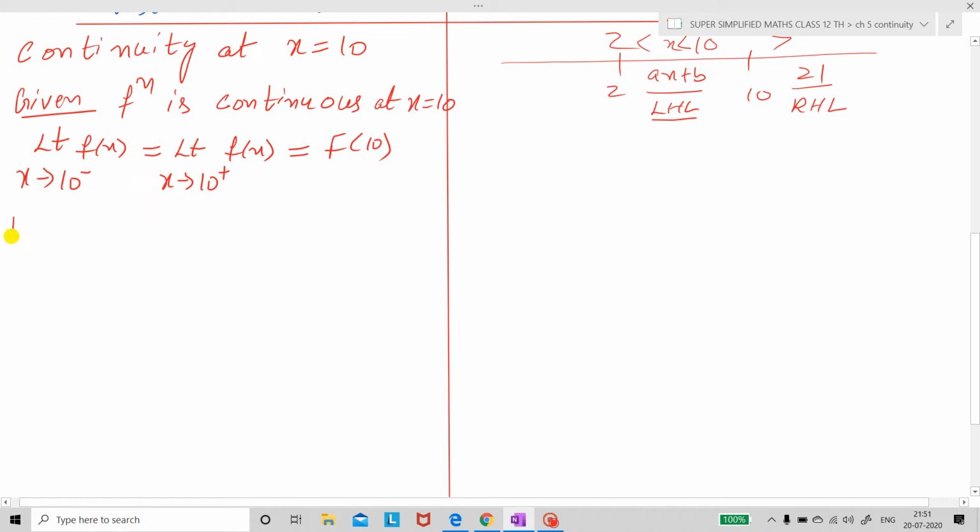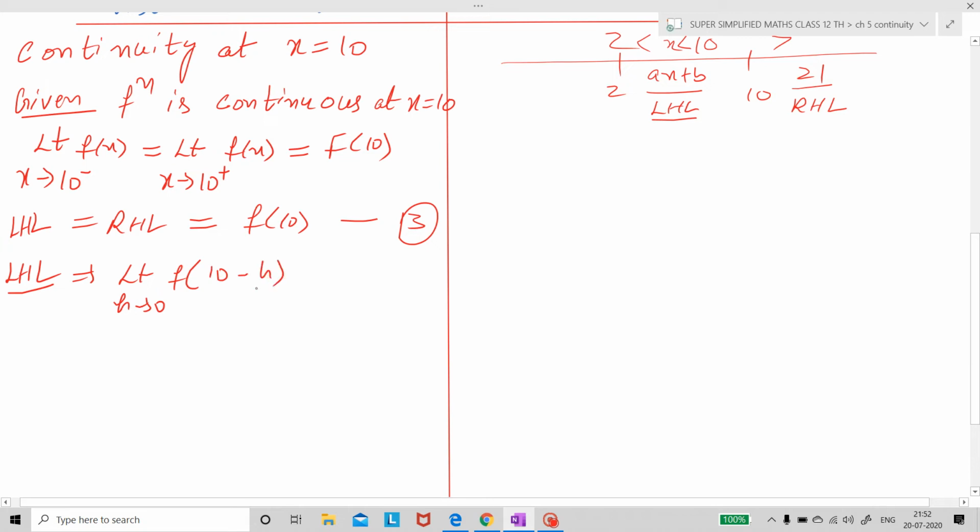So now we first find out the left hand limit, and also it is given to us since the function is continuous at 10, so LHL is equal to RHL is equal to f(10), and this is equation number 3. The value of left hand limit is limit h tends to 0 of f(10 minus h). Since we are calculating the value of the function, we are using the continuity of the function at the point 10.